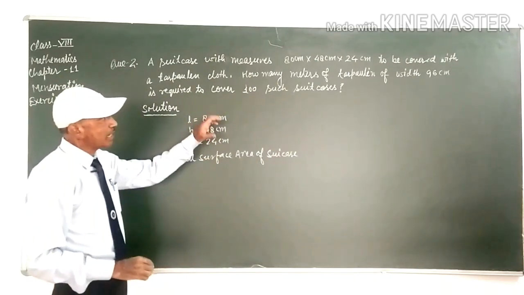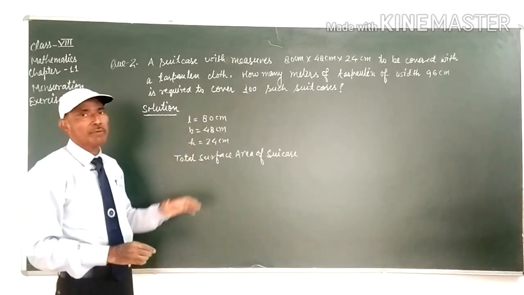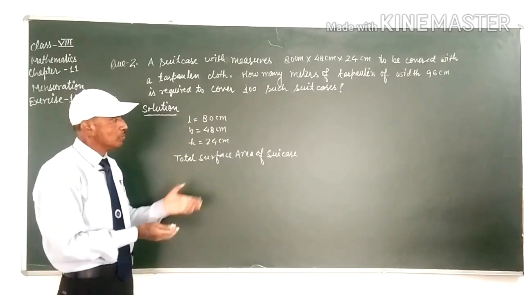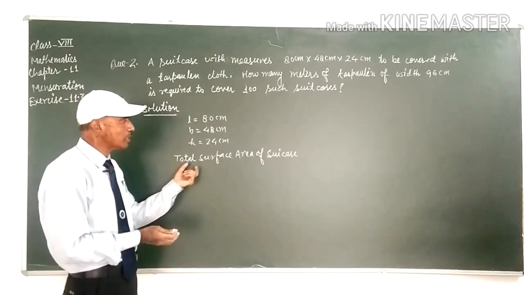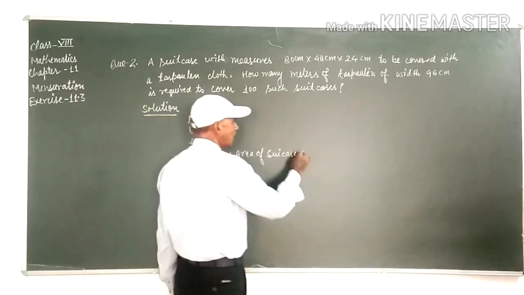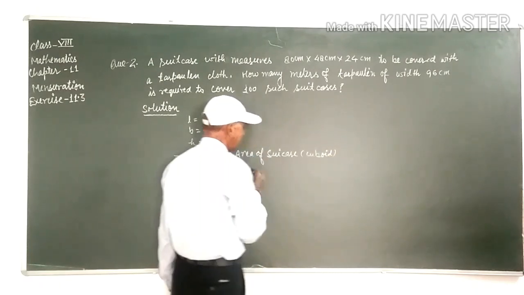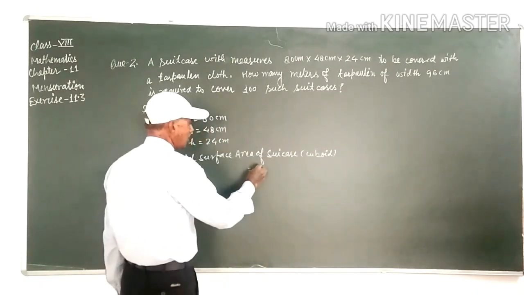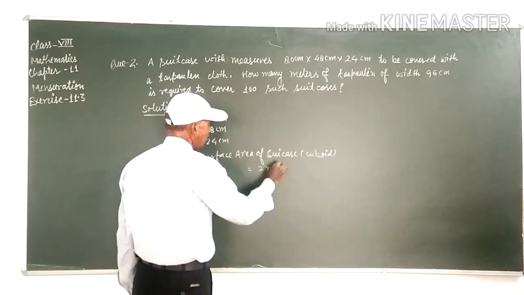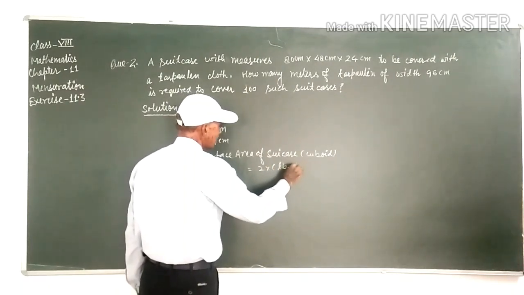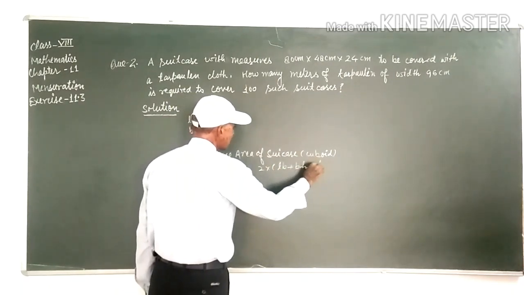Students, suitcases are in the form of a cuboid. So we have to find out the total surface area of the cuboid. That is 2 into (LB plus BH plus HL).